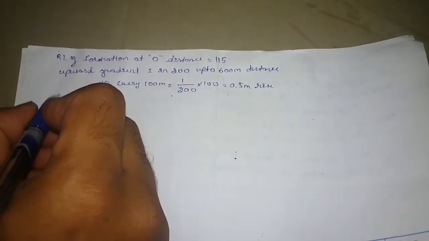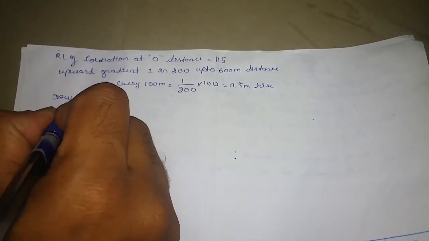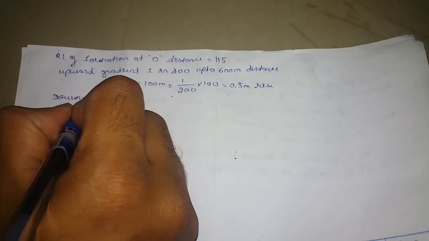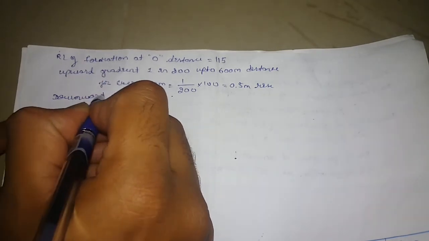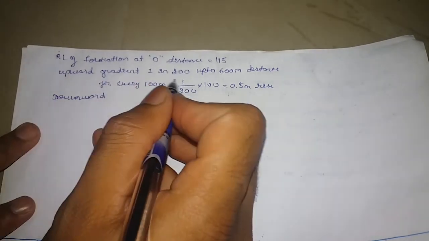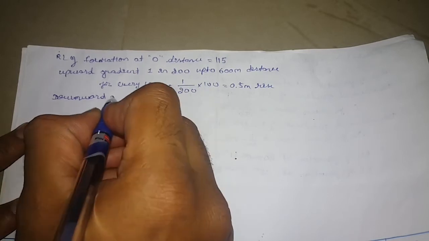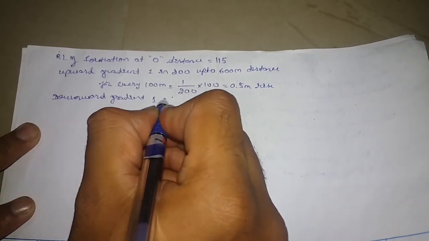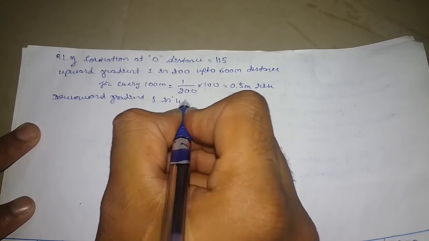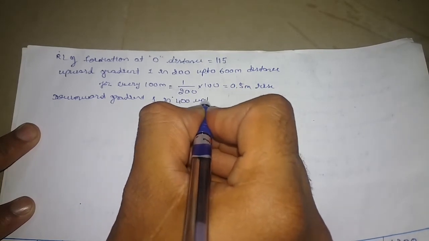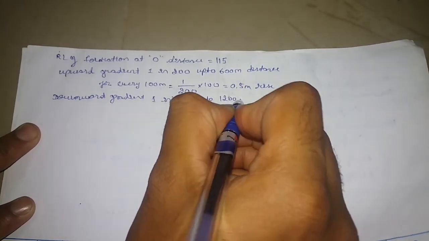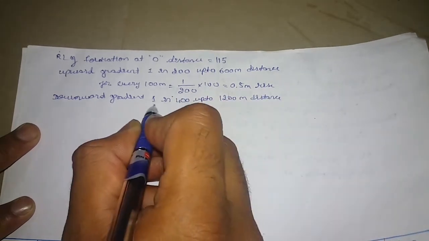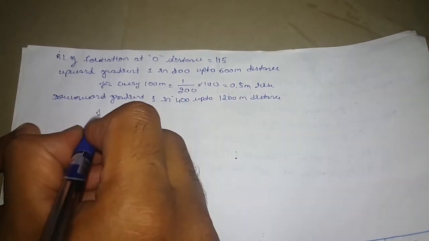Similarly, now we'll find out the downward gradient, because it is also given in the question. It is clearly told that up to 600 meter it is an upward gradient, and from 600 meter up to 1200 meter the gradient is downward. The downward gradient is told as 1 in 400, up to 1200 meter distance.